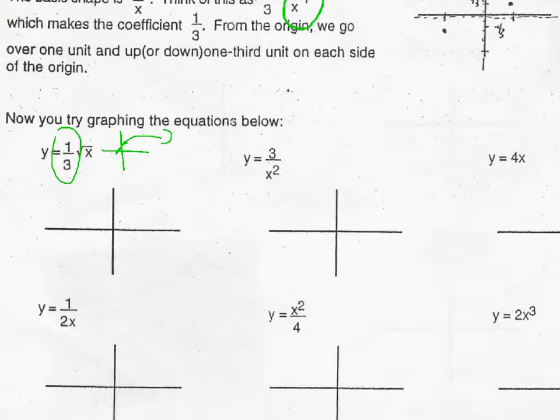So I can still put in 0, because square root of 0 is 0, and times 1/3 is still 0. But when I go to the right one, I'm only going to go up 1/3. So it's only going to go up like right here. Another good point to put in is 4. So let's go 2, 3, 4. Square root of 4 is 2, and when you times it by 1/3, you get 2/3.